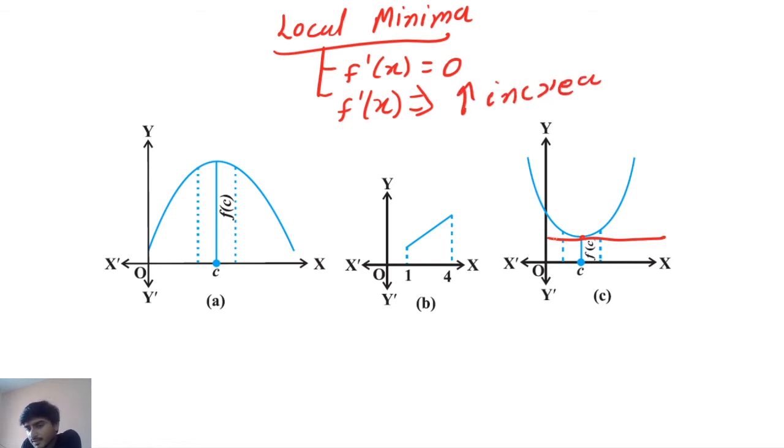right? So if you see, f dash of x is this, now if I go ahead, this, this, this, right? So after this you can see it is easily going up as we move towards the positive x-axis.